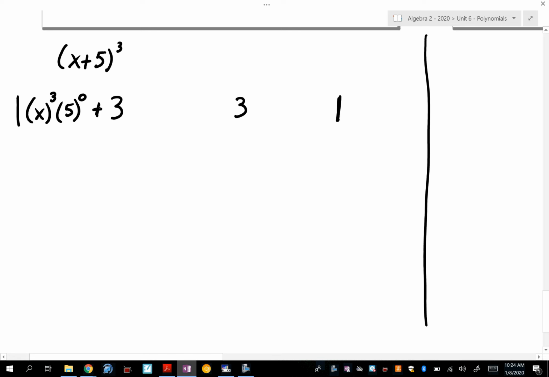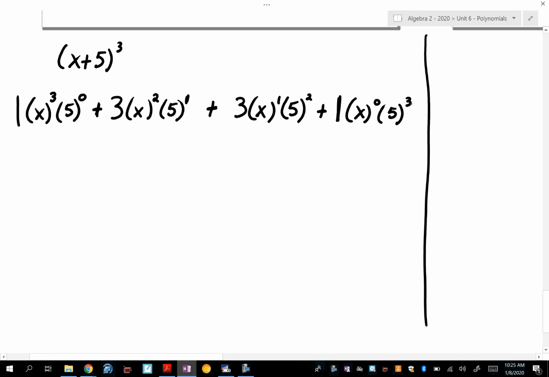Plus, rewrite that x in parentheses and the 5 in parentheses after the 3. But now the x is going to be raised to the second power. And what does the 5 get raised to? The first power. Keep going. Plus 3 times x to the first power, 5 to the second power, plus 1 times x to the 0 power times 5 to the third power.